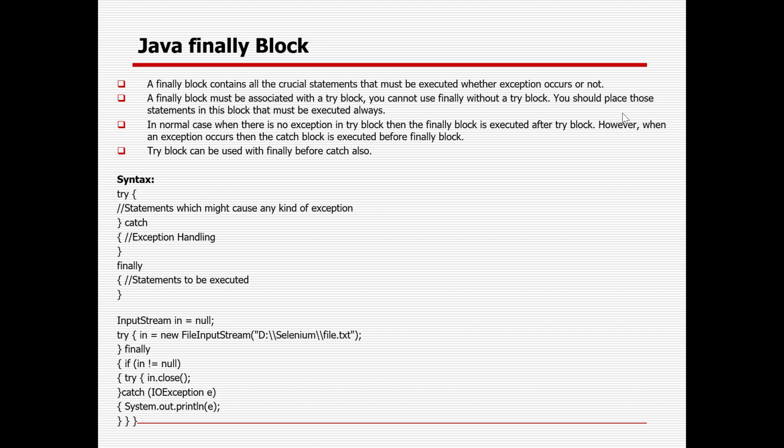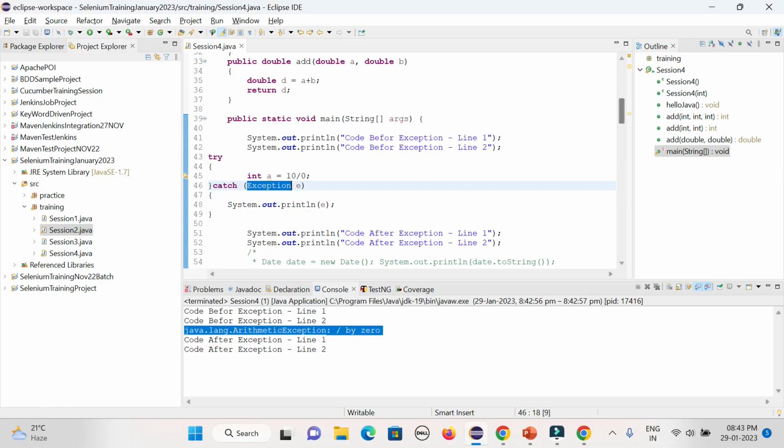You should always place those statements in the block that must be always executed. In the normal cases, in case there is no exception in the try block, then the finally block will be executed after the try block. However, when an exception occurs, then the catch block is executed before the finally block. Okay. So how can you deal with the finally block?